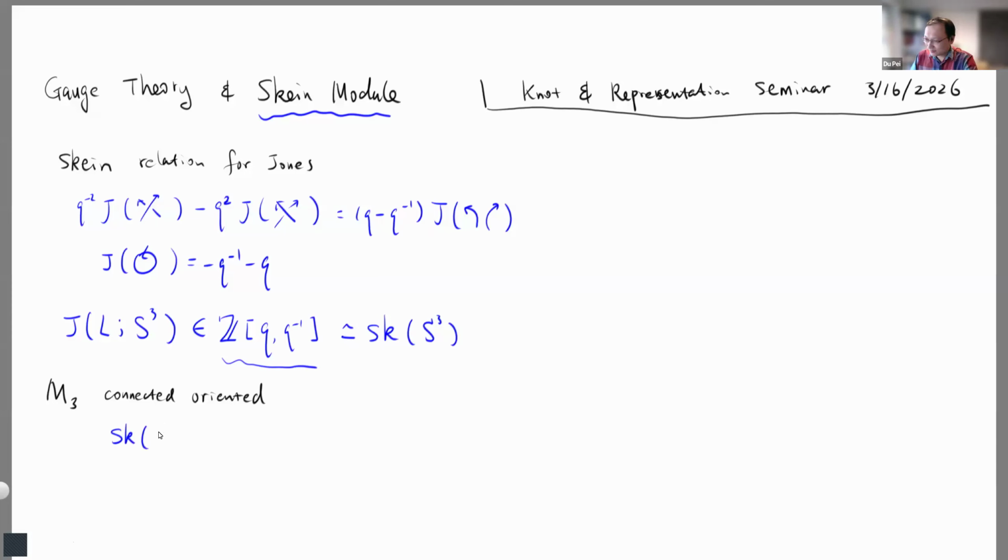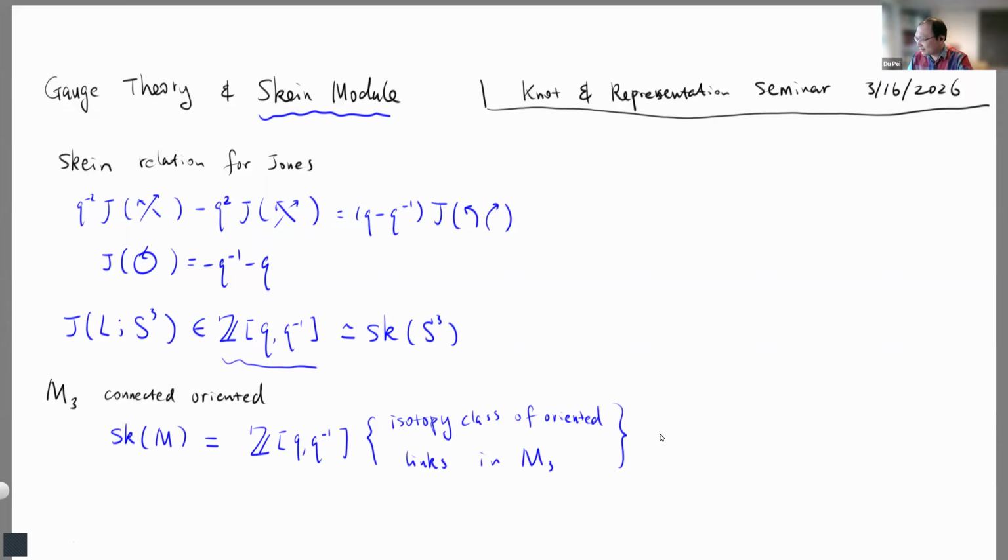So this skein module can be defined as follows: first we look at linear combinations of isotopy classes of oriented links in the three-manifold.